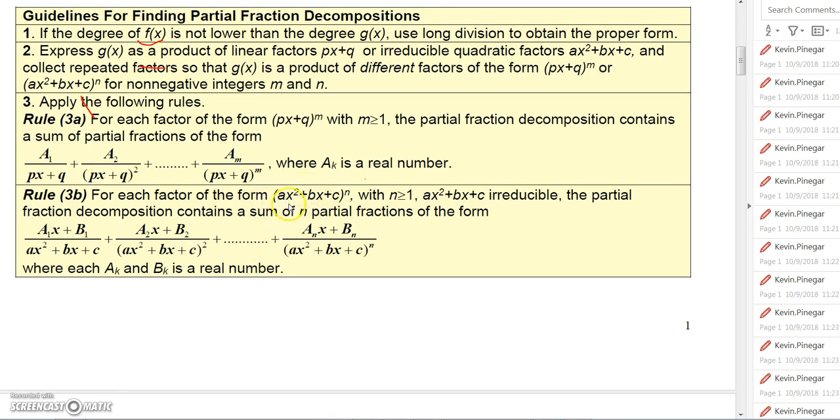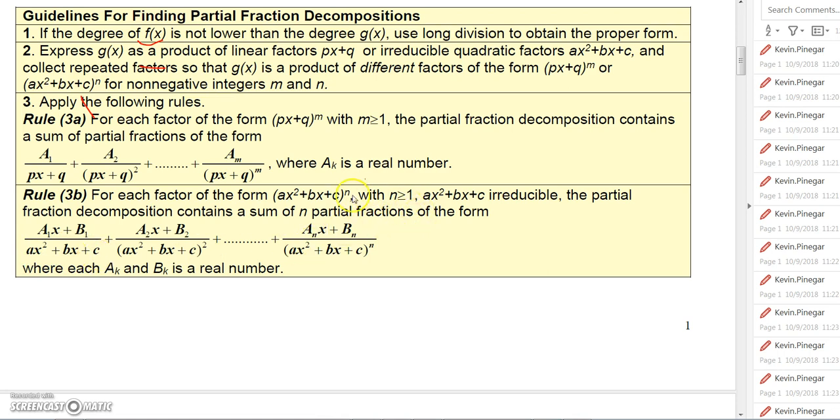So, for instance, here, if we had ax squared plus bx plus c to the n, where n is greater than or equal to 1, then the partial fraction decomposition contains terms like this, where you have a1x plus b1, where a1 and b1 are constants, over ax squared plus bx plus c.